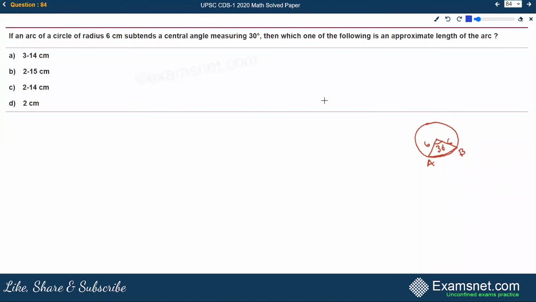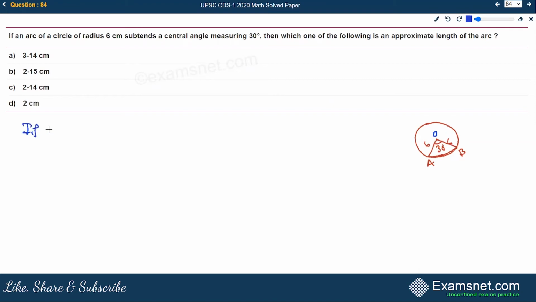In question number 84, we are given that if an arc of a circle of radius 6 cm subtends a central angle measuring 30 degrees, then which one of the following is an approximate length of the arc? I have already drawn a figure here. O is the center of the circle, 6 cm is the radius. Let's first discuss the concept.